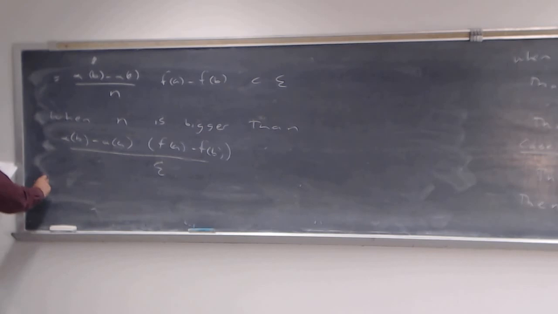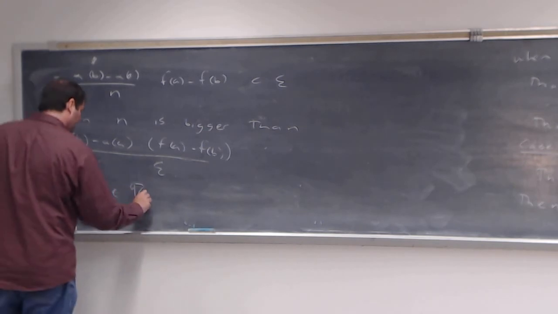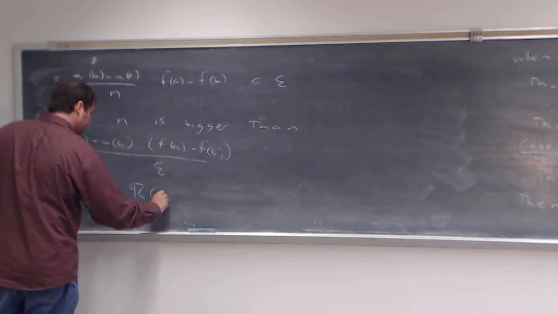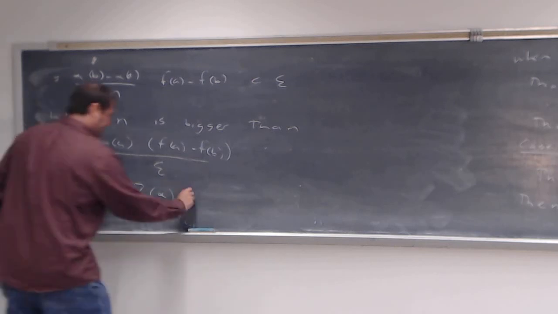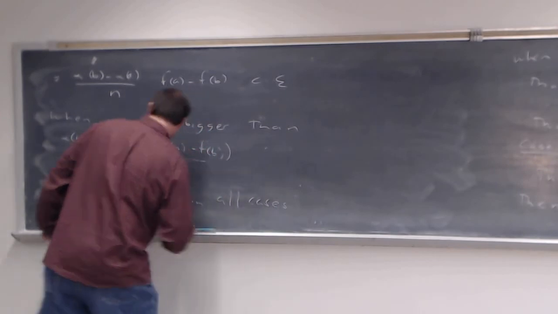Okay? Thus, we have F is an element of the Riemann-Stieltjes integrable functions with respect to alpha in this case, or in all cases. And that concludes the proof.